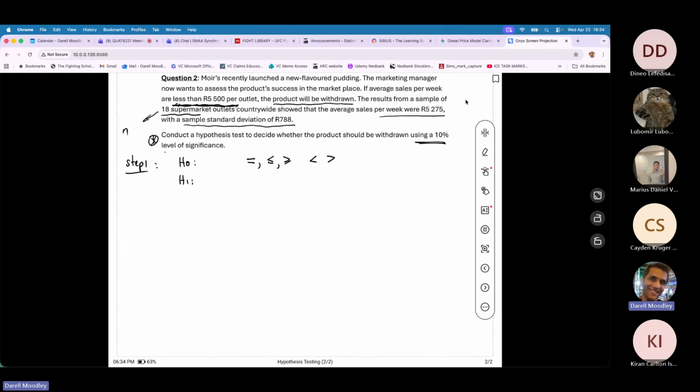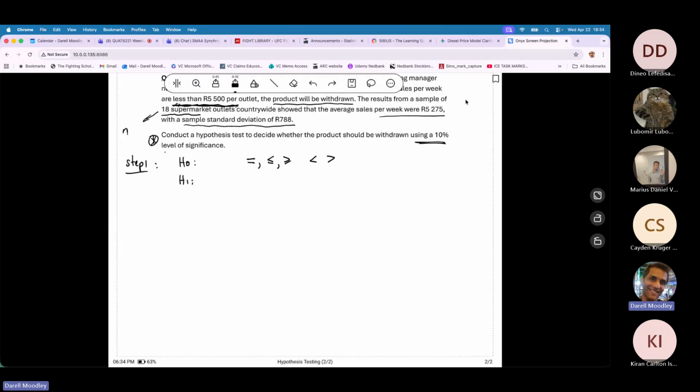Those values always go to H1. So if H0 can take on these values, then H1 will take on the opposite, which is not equals to, greater than, and less than.